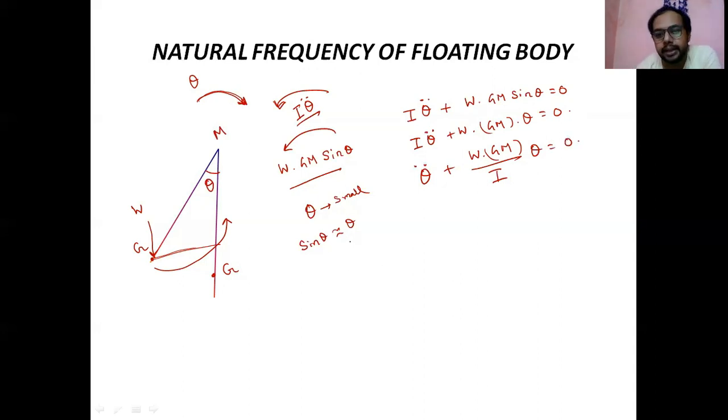This equation is similar to the standard equation with omega n square. So omega n is the natural frequency. We can compare these two equations and write omega n is equal to the root of W into GM by I.